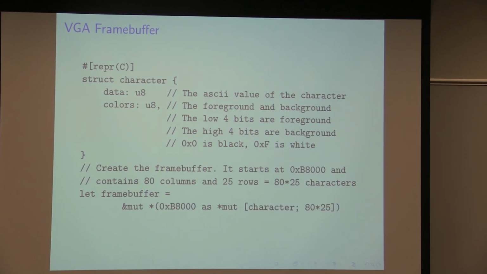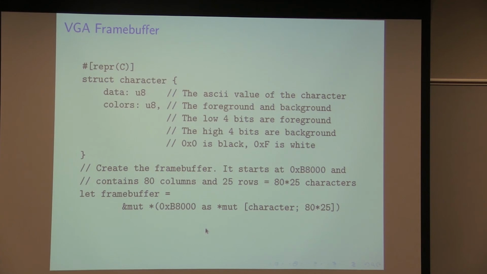All right, so this is kind of what working with the text mode VGA would look like in Rust. There's a big buffer in memory starting at 0xB8000 that represents all the characters on the screen.